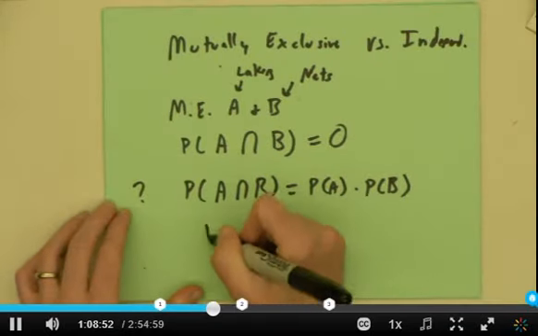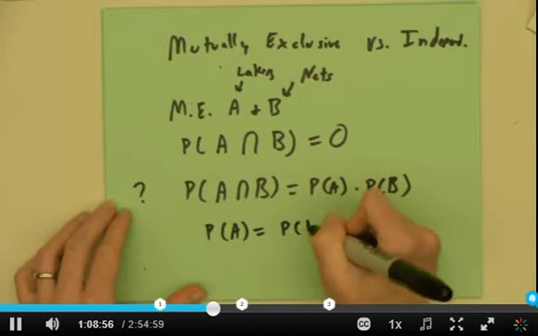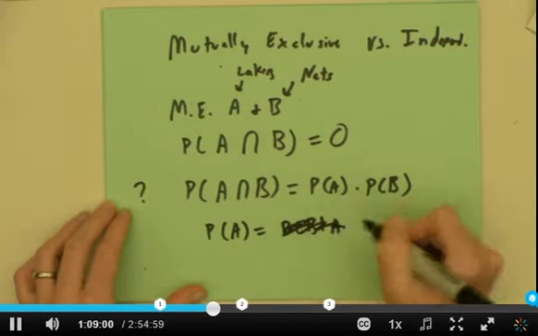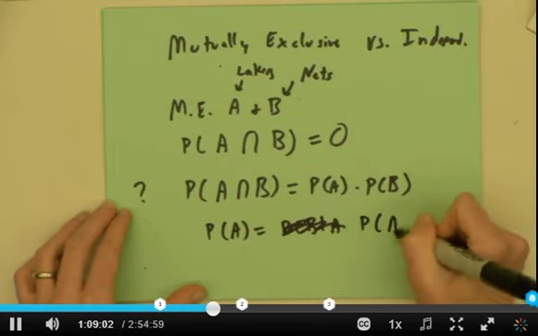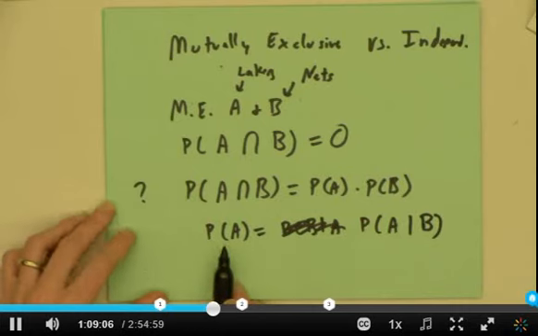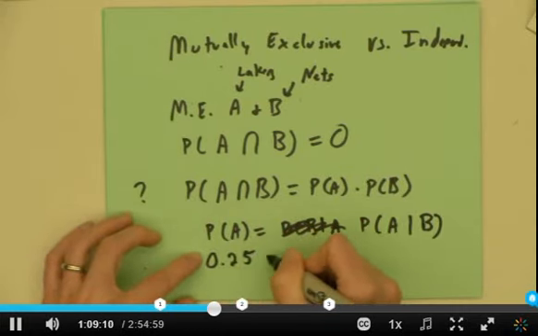Another way to see it is by that more direct definition. Probability of A given B. The probability of A, with the numbers I gave, was 0.25.